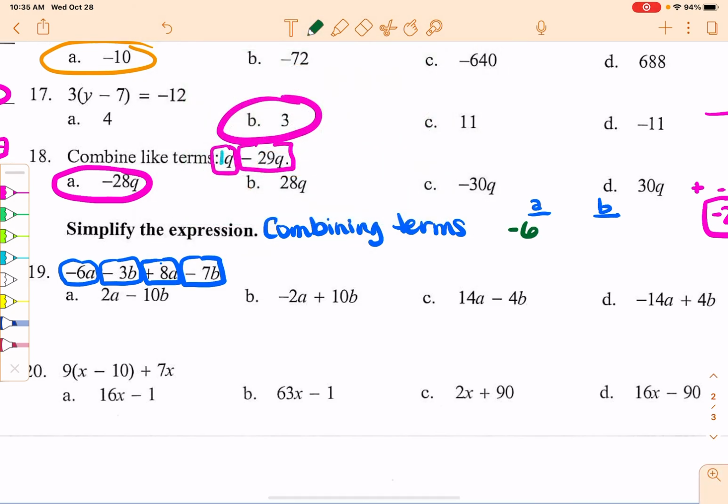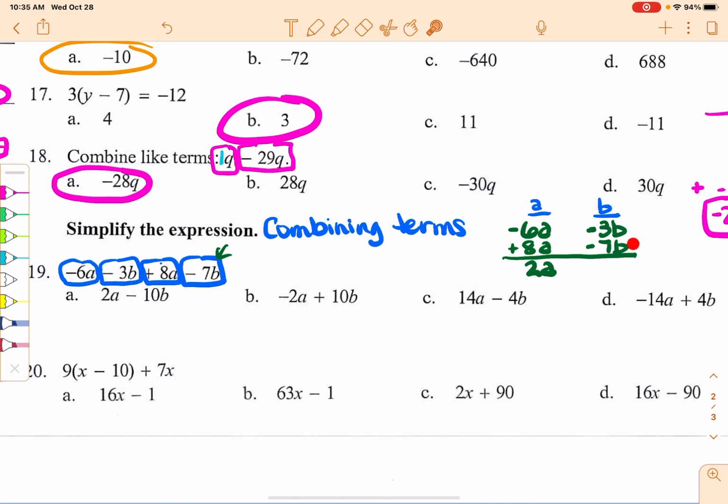So negative 6a. I'm going to make minus 3b a negative 3b. It's positive 8a. Negative 7b is going to become what we do from this minus 7b. Now we just have to total. So negative 6a plus 8a is 2a.